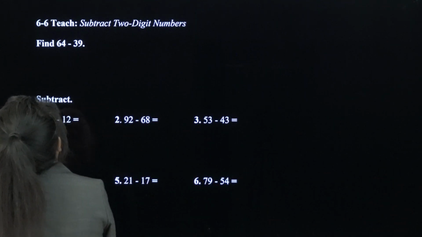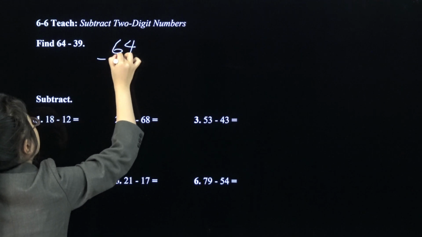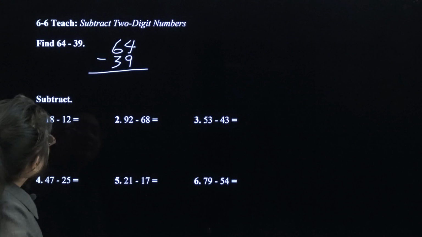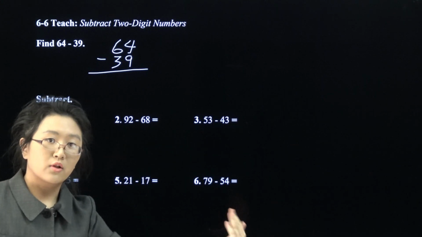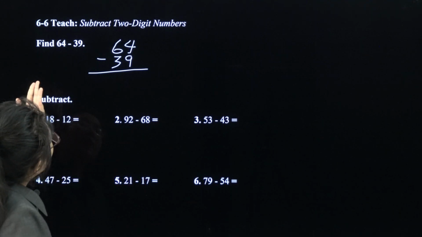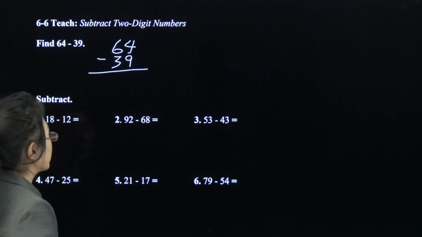Now we have 64 minus 39. We line them up, and the ones place, remember, start from the smallest place value, and it's 4 minus 9, which means that we have to regroup.